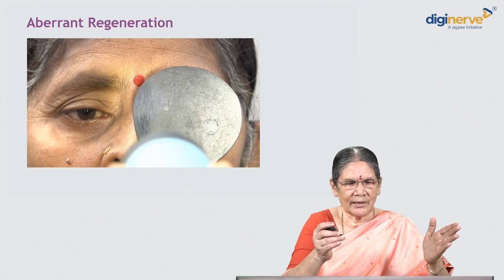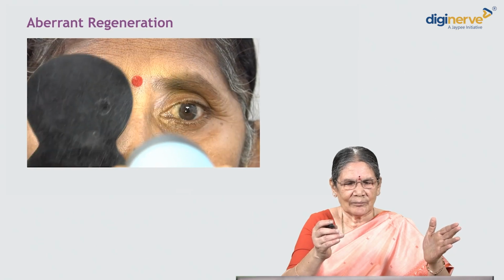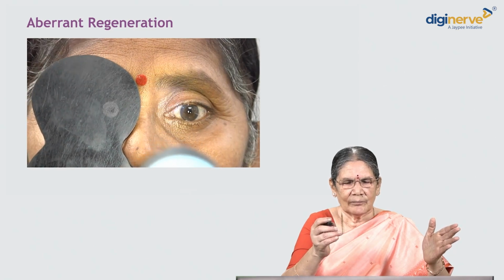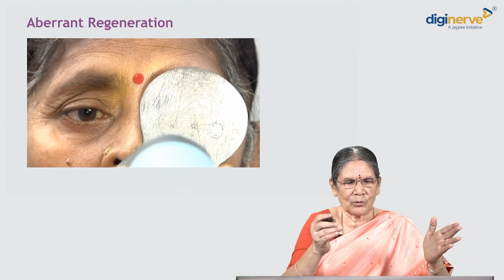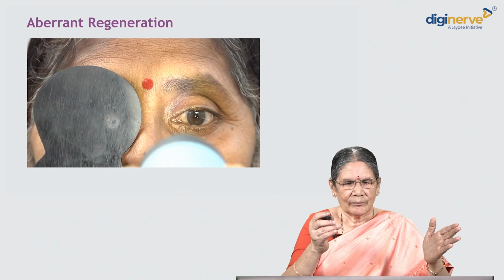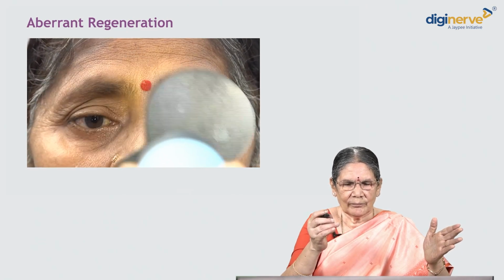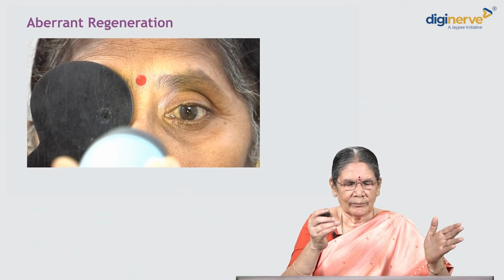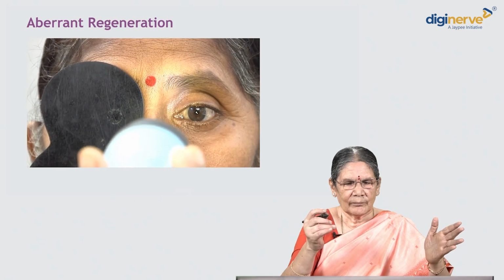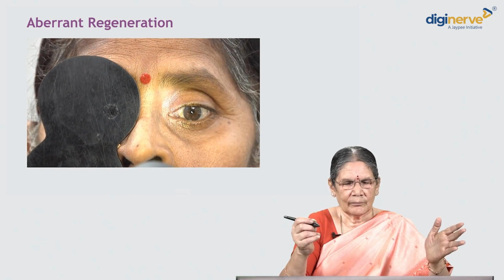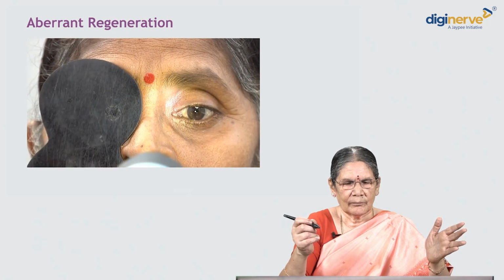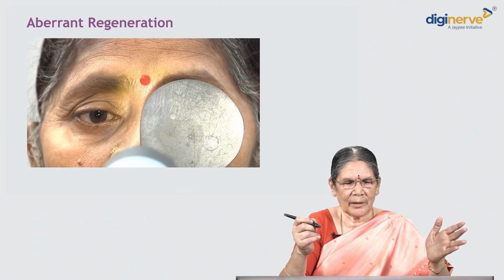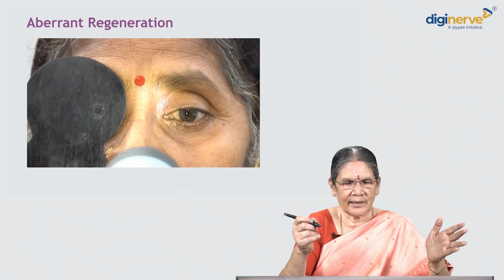See, on fixing with the right eye, and fixing with the left eye, the deviation is so small. You can also see a small hypotropia in the right eye.